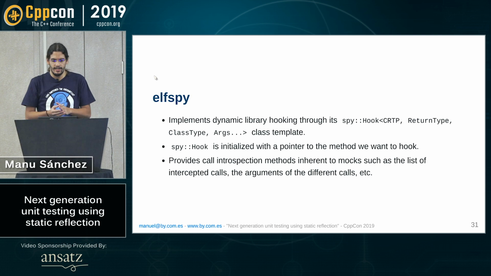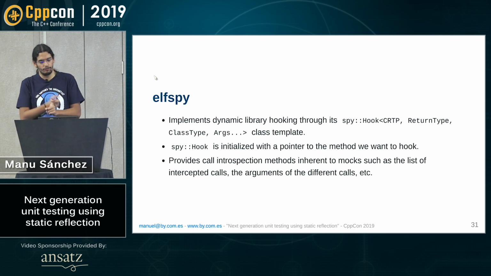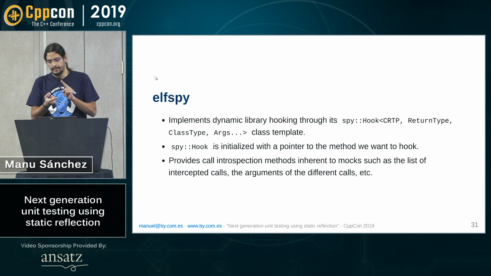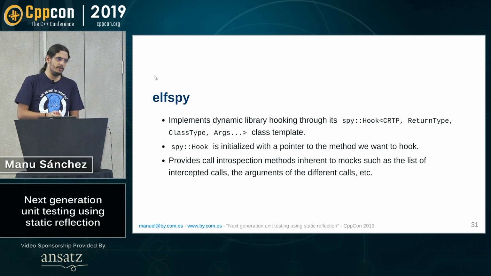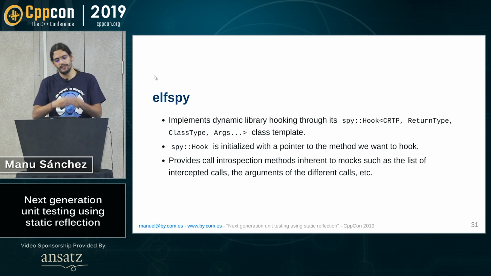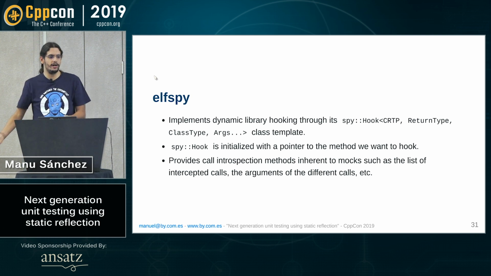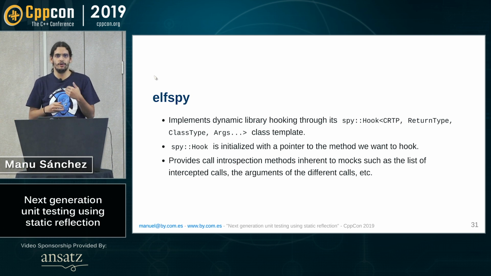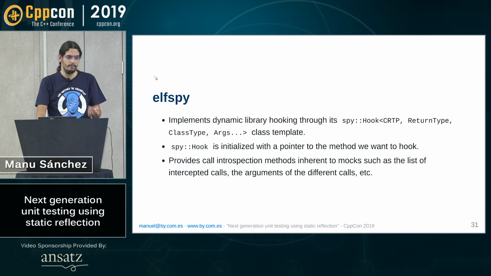Okay, you give it the signature of your method, the actual class of your method, the name of your method, and then the pointer to the method you want to patch. So it internally looks through the table, finds your pointer, patches it with its own implementation through a trampoline, and does whatever it does under the hood to give you a mock.